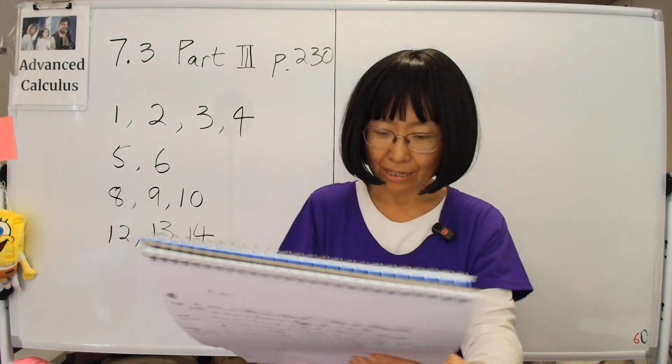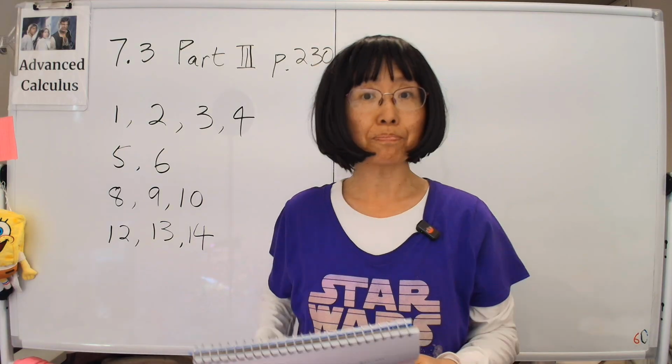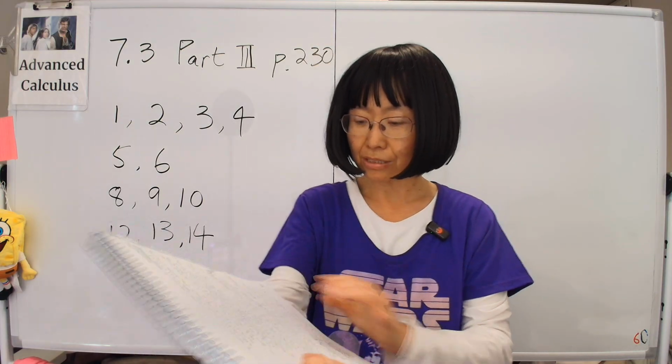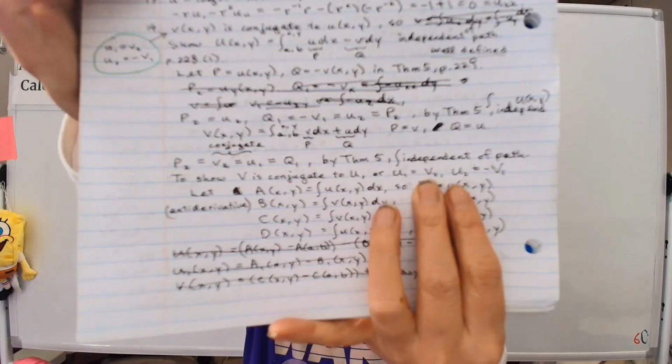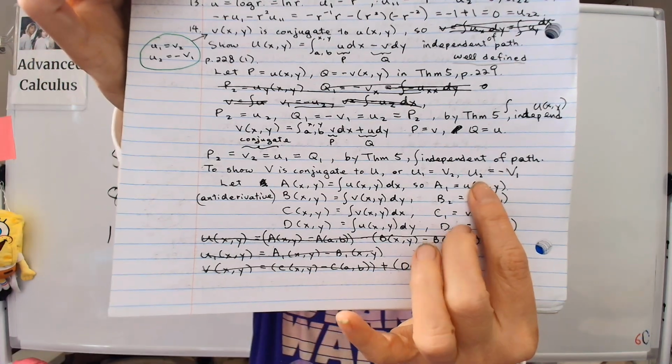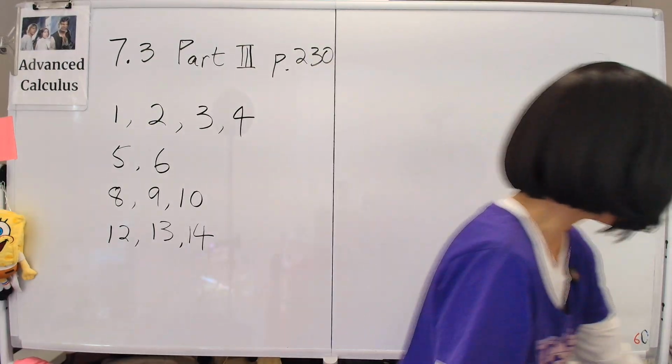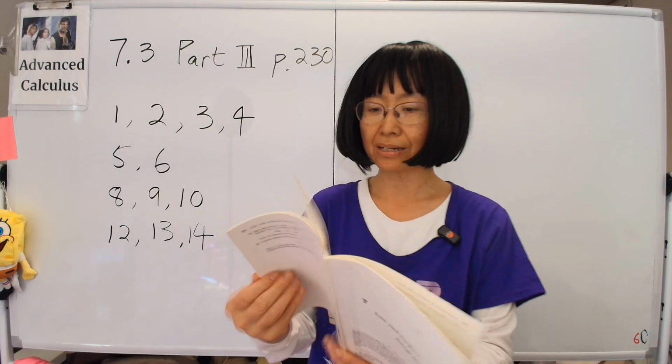However, the next part says that we need to show big V is the conjugate of big U. In other words, we need to show that U1 equals V2 and U2 equals negative V1. That is the definition of the conjugate, I think. Let me double check again.